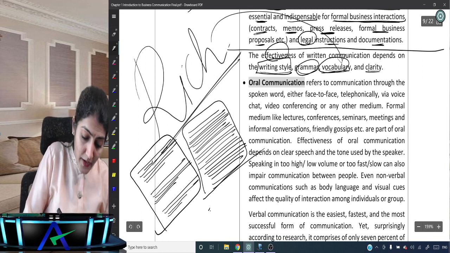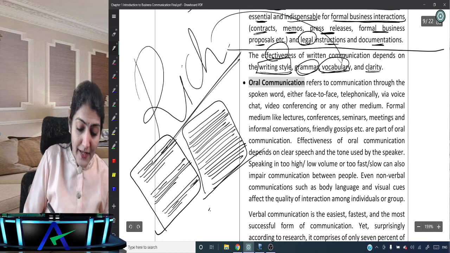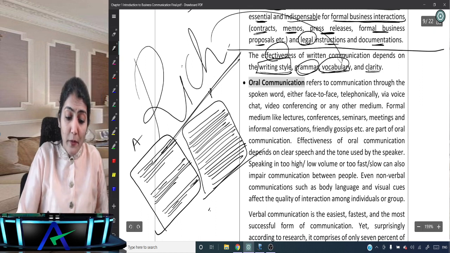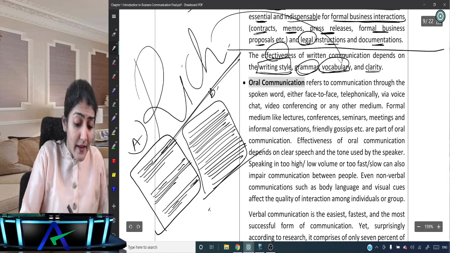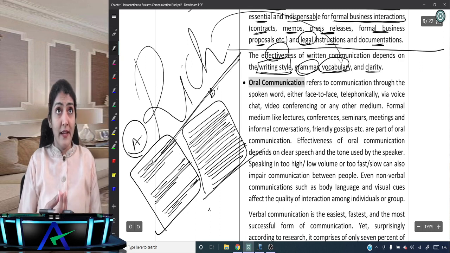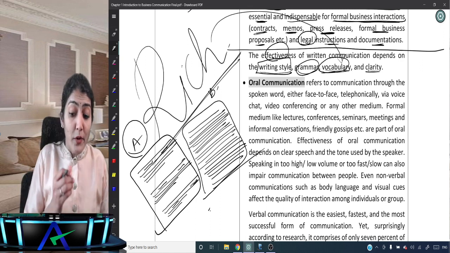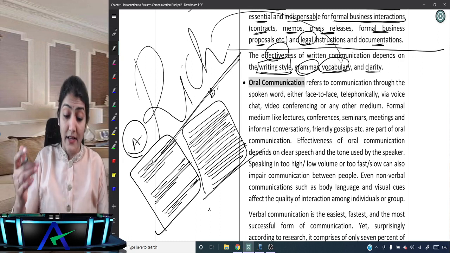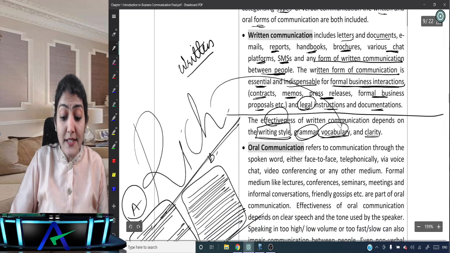Then I also highlight the important words in my writing. Now, which is the more effective writing style, A or B? Obviously, writing style A is more effective. So, grammar, vocabulary, and clarity. So that's regarding written communication.